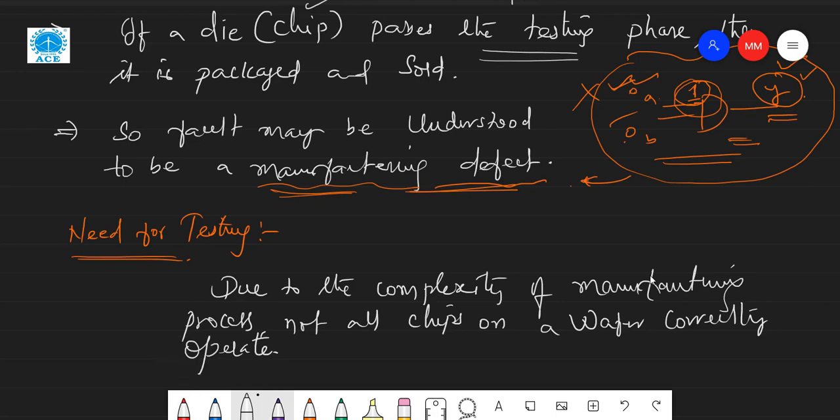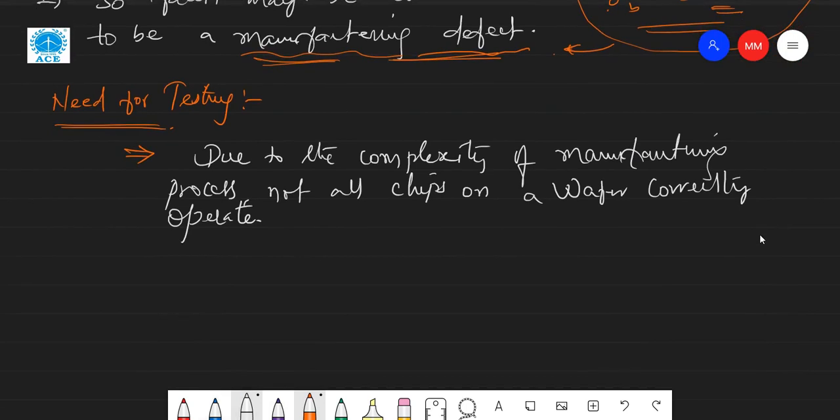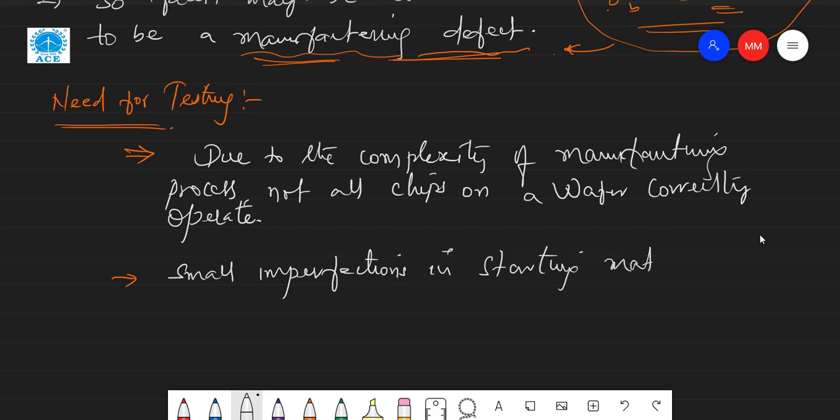After manufacturing, it is not necessary that all chips function properly or operate. So there is a chance of small imperfections in the starting material processing steps.